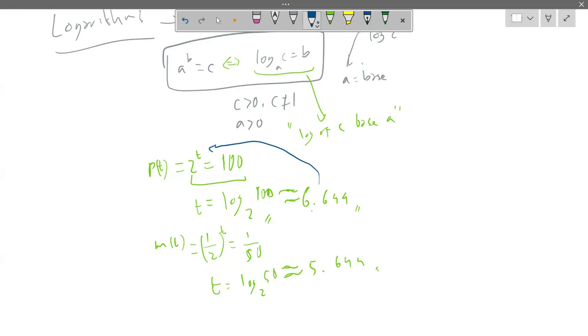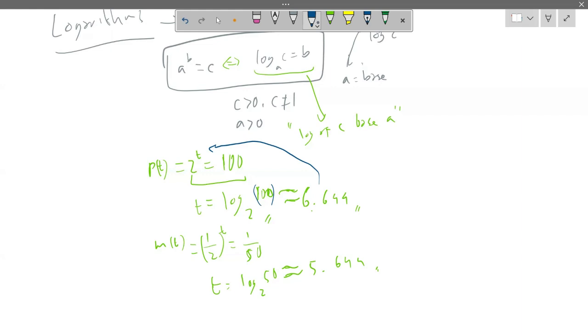You can only find the logarithm of something base something by hand if the argument is some very special value, usually a power of the base, which we'll talk about later. But this exists as an inverse to exponentials.